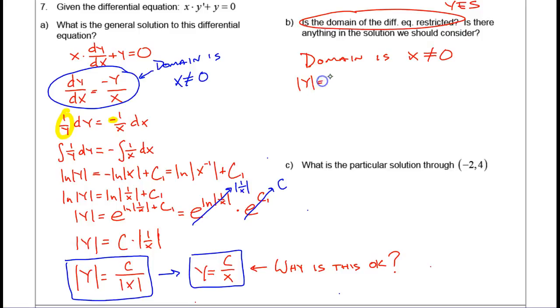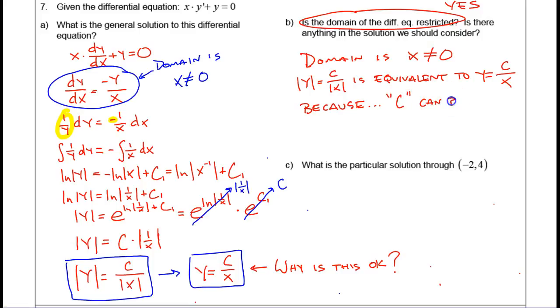Absolute value of y equals c over the absolute value of x is equivalent to y equals c over x because, drum roll please, c can be positive or negative.